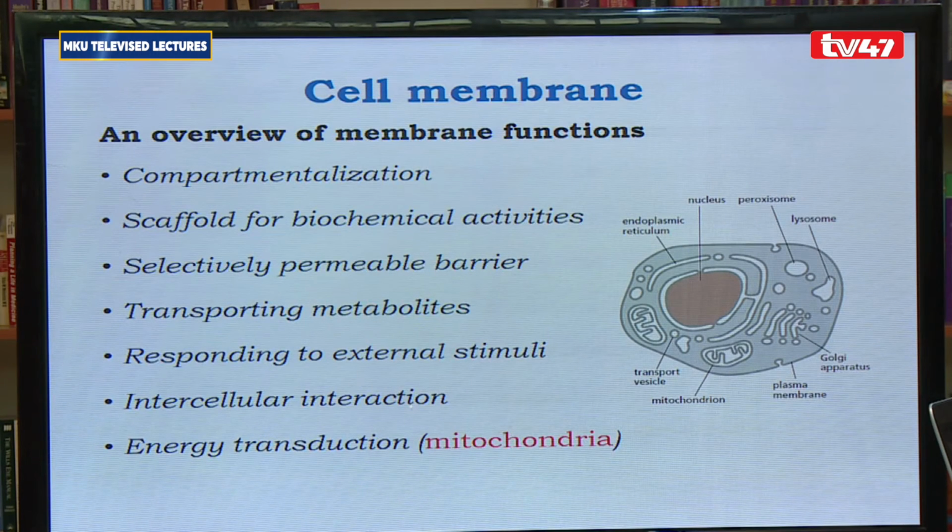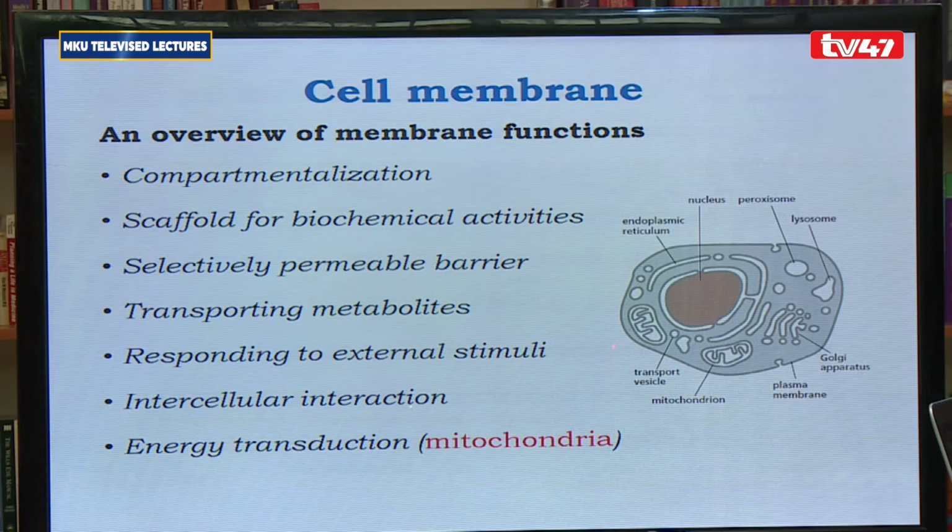Like we had mentioned earlier, the cell membrane also provides a selective barrier, meaning it would allow certain substances in and block certain substances from going in. The cell membrane also participates in transporting metabolites. Remember, we talked about the transport vesicles, and also we talked about transport proteins.